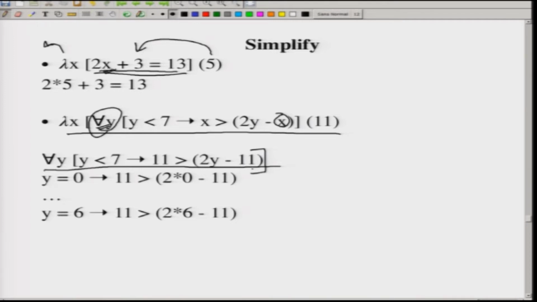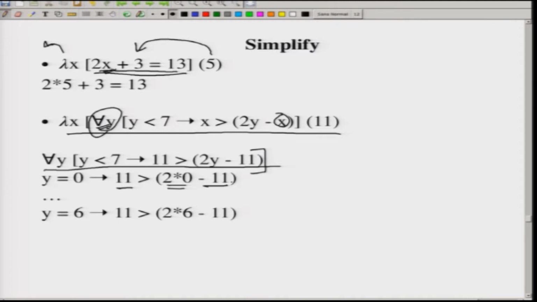The value of y would be from 0 to 6. If y is 0, then y is less than 7, and in this case 11 is greater than 2 multiplied by 0 minus 11, which is minus 11, and it is true that 11 is greater than minus 11.